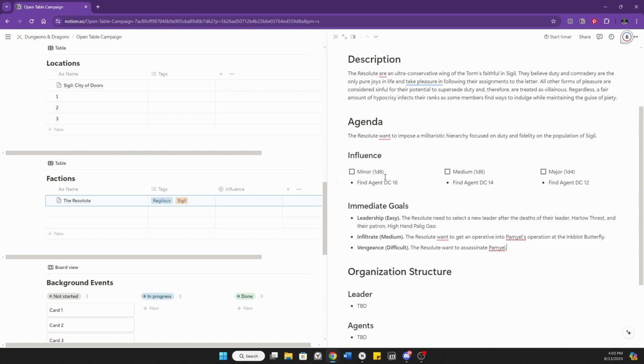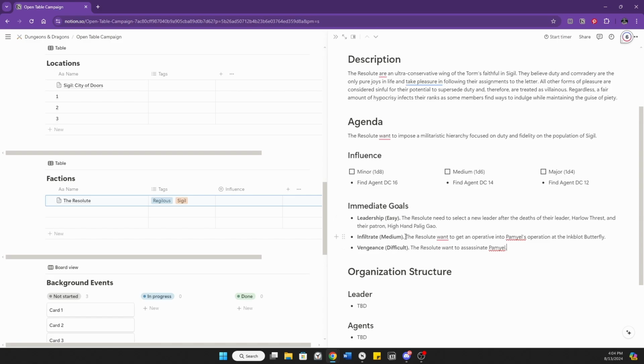And that has also allowed me to set up certain die and DC associated with these various factions. With these things, like a minor is a 1d8, a medium is 1d6, and a major is a 1d4, and I use that die to determine how successful they are when they're trying to achieve segments of these various goals.